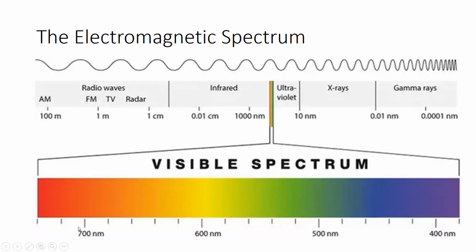It goes from long to short. Red light has very long wavelengths, relatively speaking, and then as the wavelengths shorten, you go from red to orange to yellow to green to blue to indigo, and then the shortest wavelength is violet.